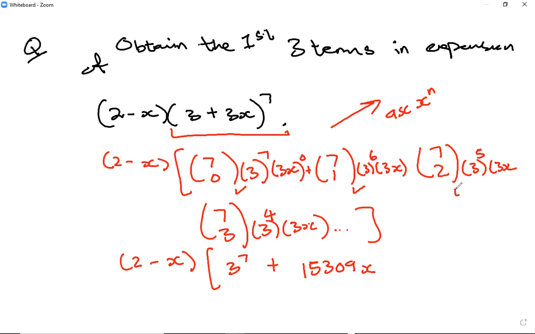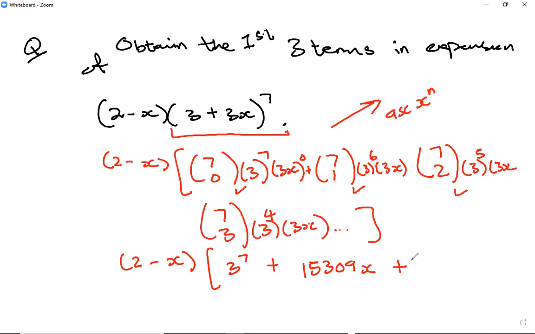That term is done. This one here is going to be plus 7c2. This is going to be even bigger. 7c2 times 3 to the power of 5 multiplied by 3 comes to 15,000.